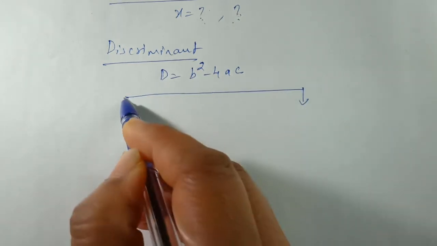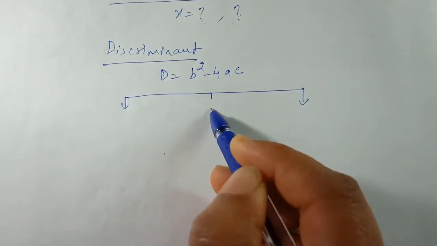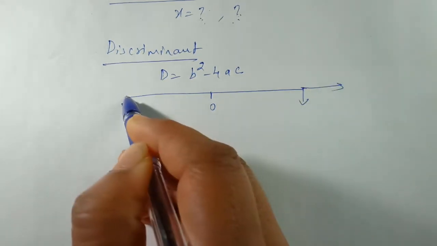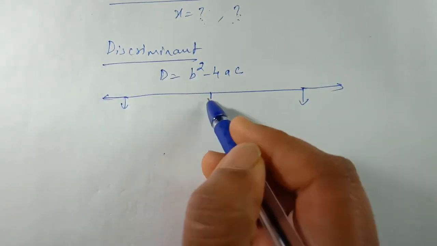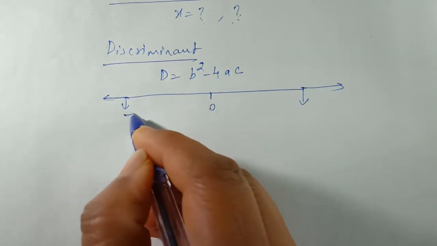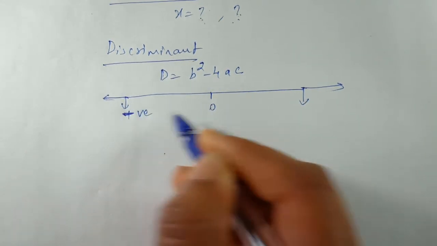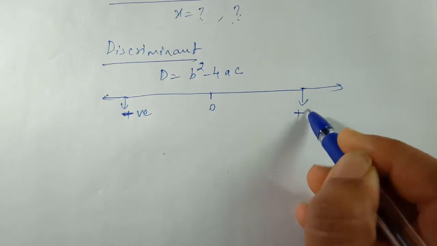Let us understand the possibilities through a number line. Suppose this is the number line. At the center the value is 0. On the left-hand side the values are negative, and on the right-hand side the values are positive.